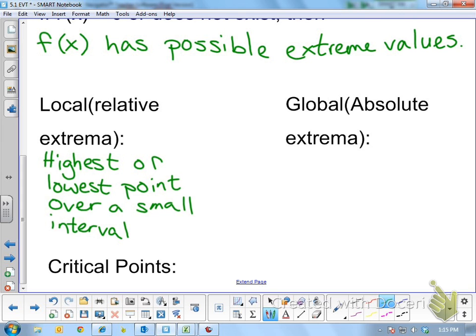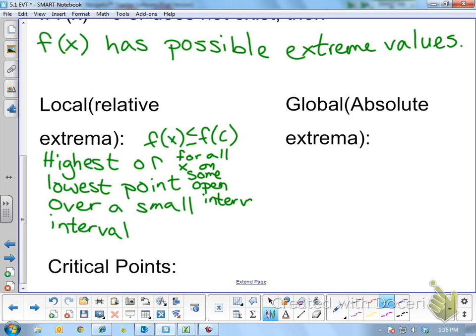If I were to say it's the lowest point, I would say f of x is less than or equal to f of c for all x on some open interval. Basically the same thing, but with more math notation instead of a general idea.